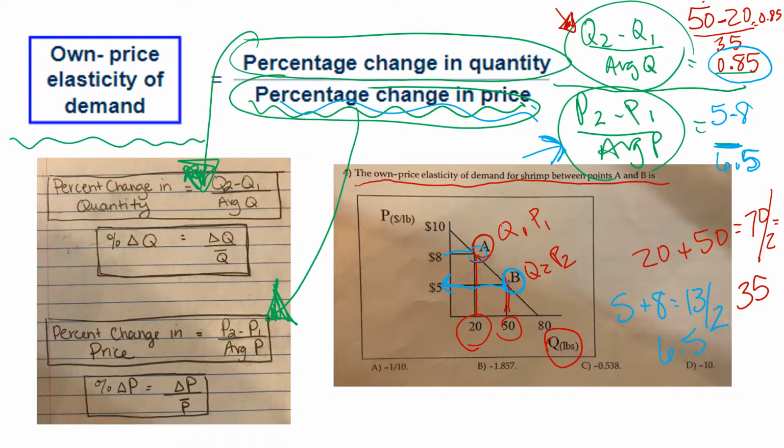So we have 5 minus 8 equals negative 3, divided by 6.5 equals negative 0.46. I have to erase some of this, I'm sorry.